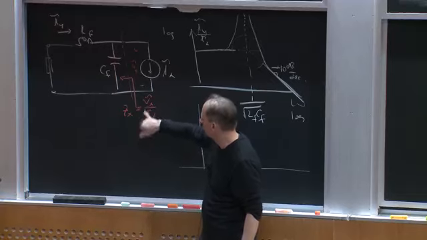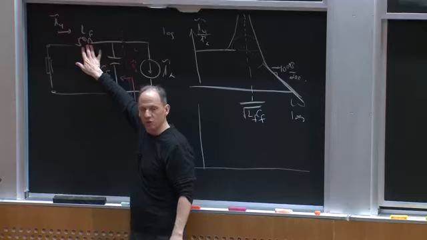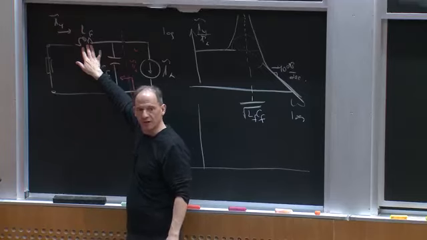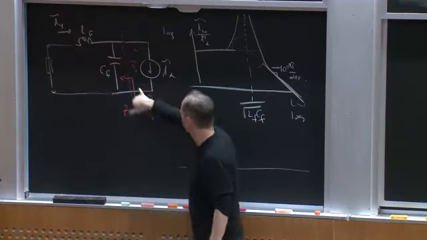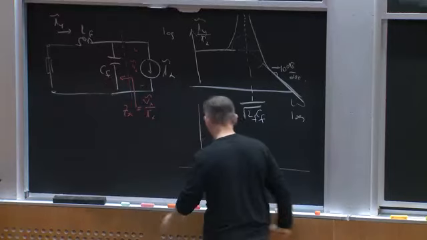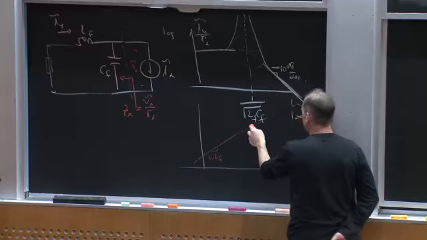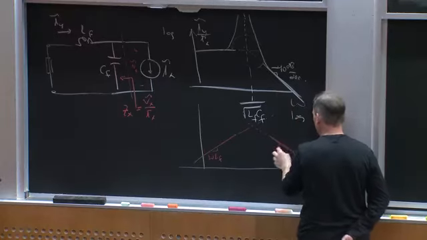Well, I would argue in this case that at low frequencies, this is close to a short circuit, so it looks like omega LF. And at high frequencies, this starts to look like a short circuit, so it becomes 1 over omega CF, and you get the following behavior. I get sort of omega LF, I get 1 over omega CF.